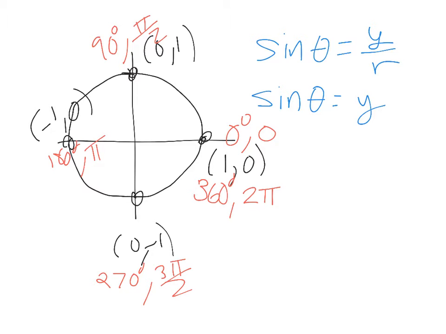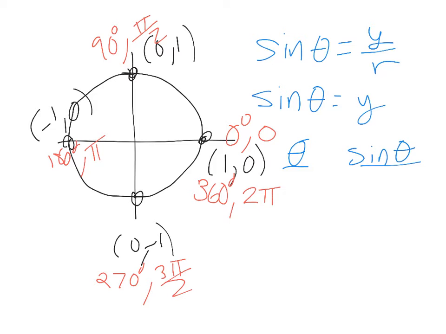So how is the ratio changing as we go from 0 to 90 degrees, or 0 to pi over 2? Looking at the unit circle, at 0, the y coordinate is 0. We're looking at how the interval of theta results in the ratio sine theta.